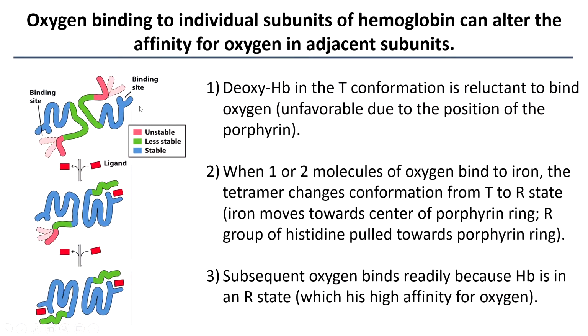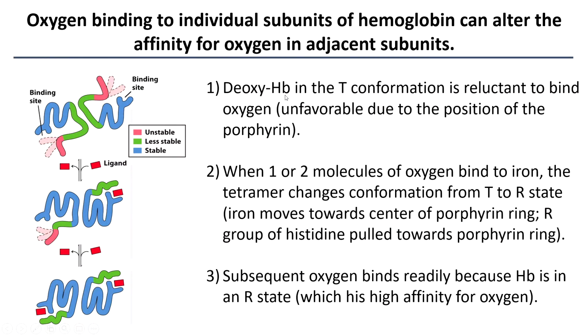So let's take a little bit of a look again at the binding site. So here is the hemoglobin, 2 hemoglobin subunits next to each other. This is the binding site, and this is sort of an unstable part of the hemoglobin protein that is able to move around a lot more.